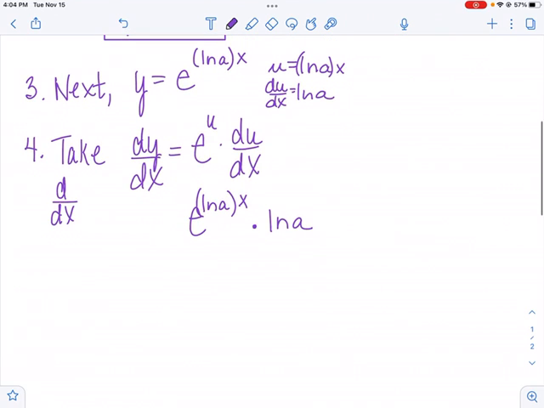So then dy/dx is equal to e to the ln of a, all to the x. Well, wait a minute, that is a to the x, right? Because we can take it backwards. We can say e to the ln of a, put parentheses around that, and then the multiplication of the exponents implies a power of a power.